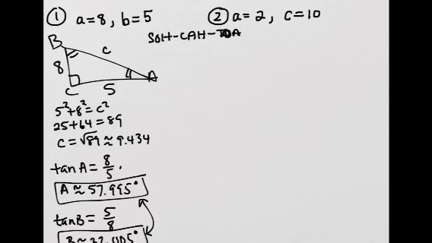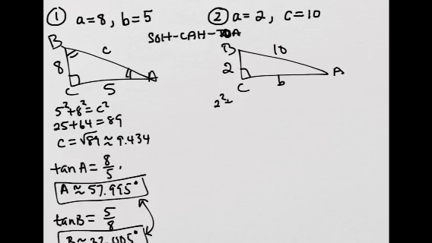Okay. Number 2, this time you were given a leg and a hypotenuse. So this is C, A, B. This is 2, this is 10, so we're missing B and the two angles again. So again, Pythagorean theorem, 2 squared plus B squared equals 10 squared.